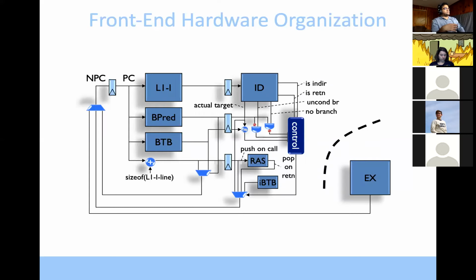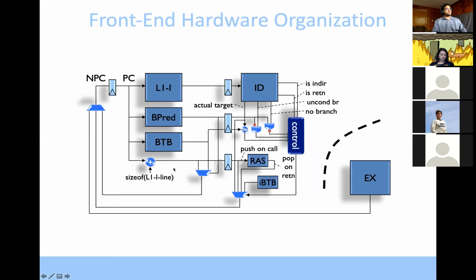So what does this all put together kind of look like? Here you have it in its gory detail. This is the fetch side of things. This is instruction decode. So fetch is happening here, where you have a PC that goes to the L1I, the branch predictor, the branch target buffer, and this adder for the next instruction, right?